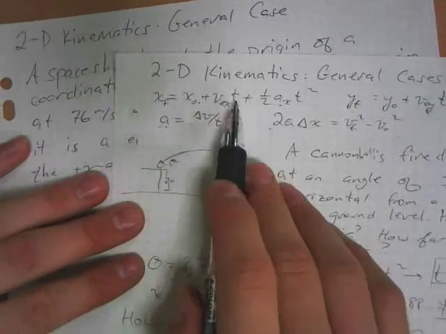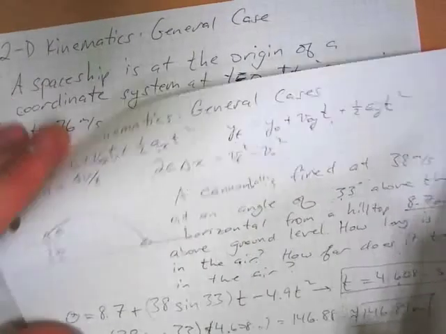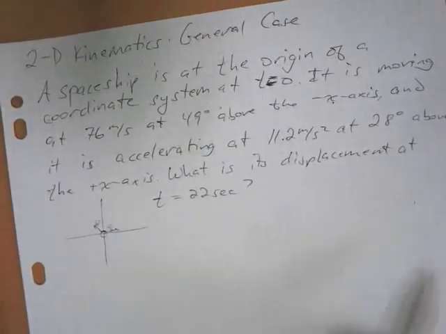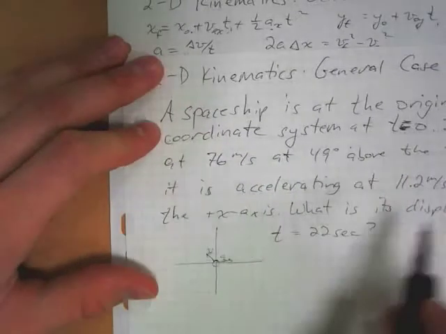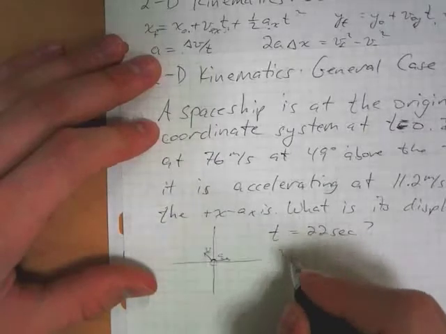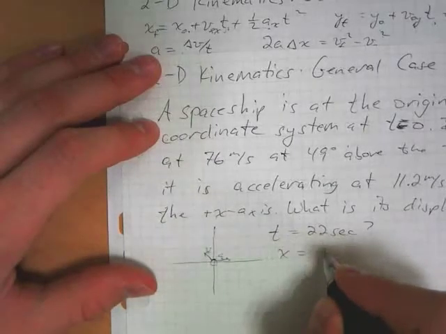We've got a time-dependent equation in the x direction, we have a time-dependent equation in the y direction. So in the x direction, we have our position equals x naught, which is 0, plus v naught x t.